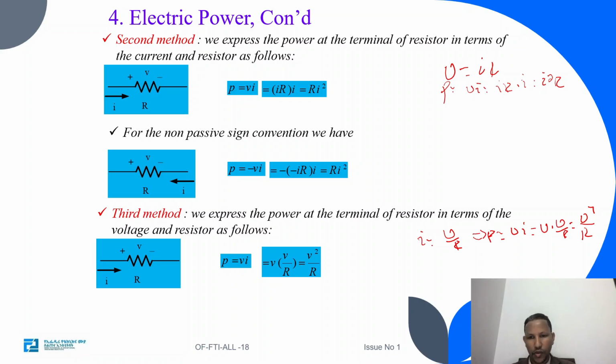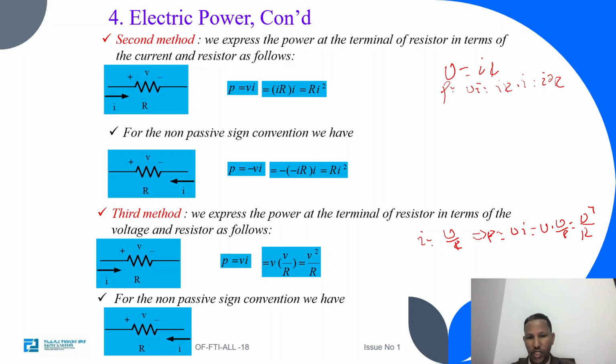For the non-passive sign convention, as usual, the current enters the negative terminal and leaves the positive terminal, so you need to introduce a negative sign, so that we can have the power supplied by the element to the load or the other circuit elements in the circuit.